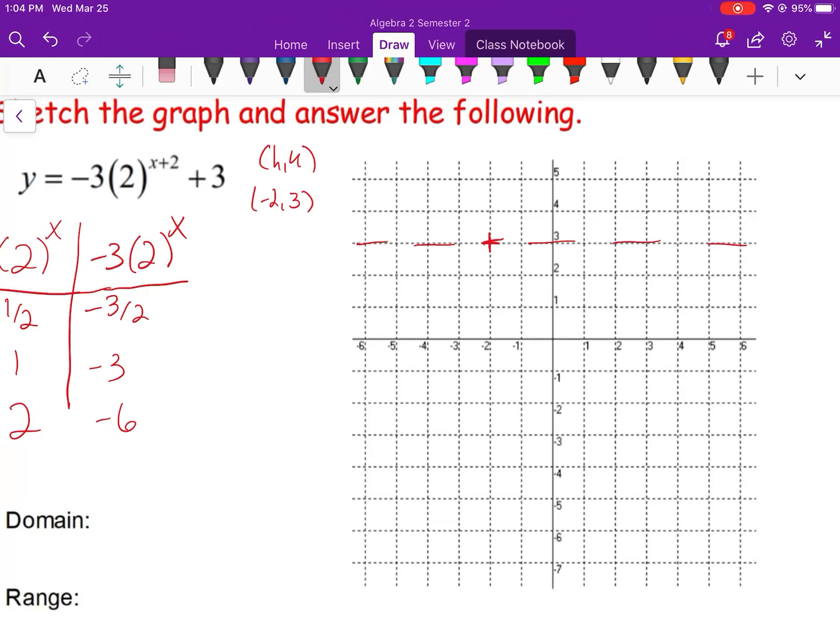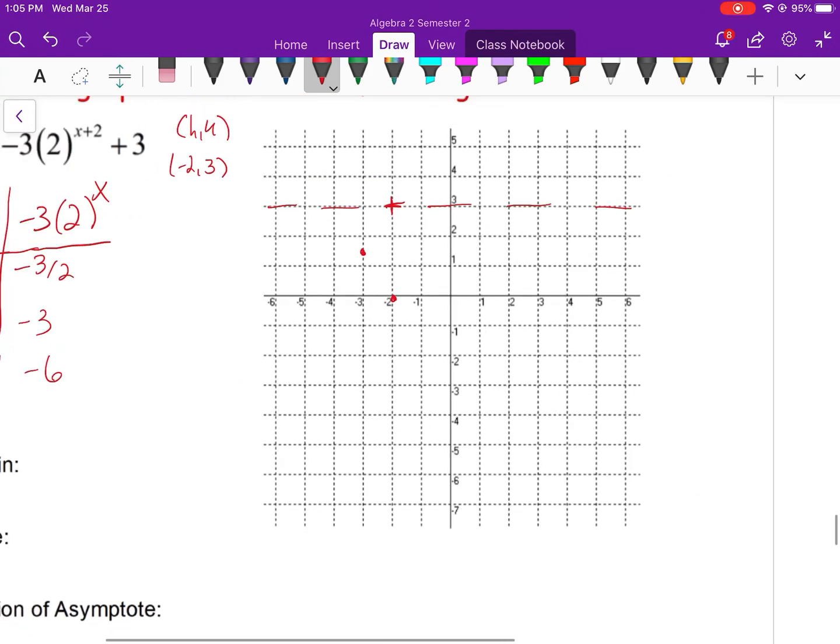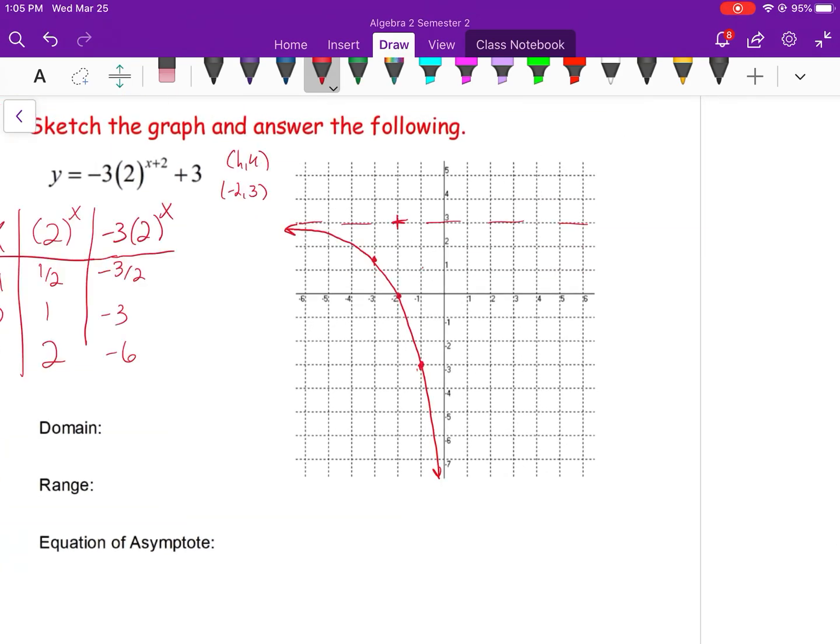So left one, down 3 halves, since they're both negative, just down 3 from the new origin, and then right one, down 6. So just connecting our points, making sure we're going along the asymptote and getting closer and closer.